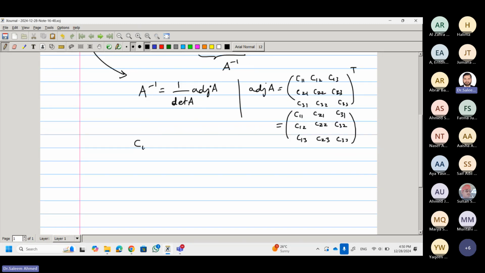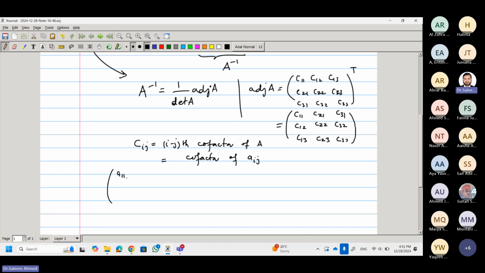Here Cij is the ijth cofactor. We call it the ijth cofactor of matrix A, or you can say that it is the cofactor for the element Aij. If you pick Aij, it's the cofactor.